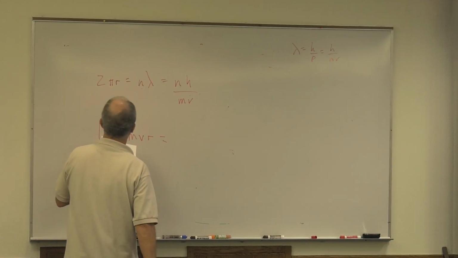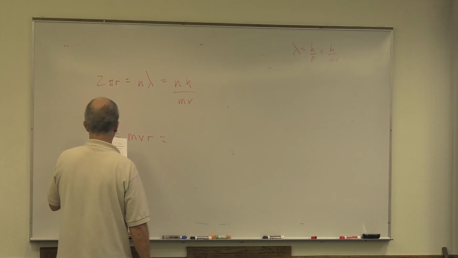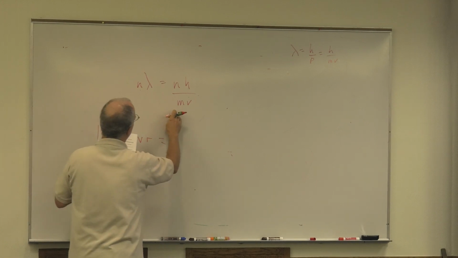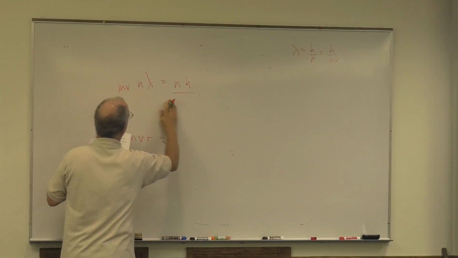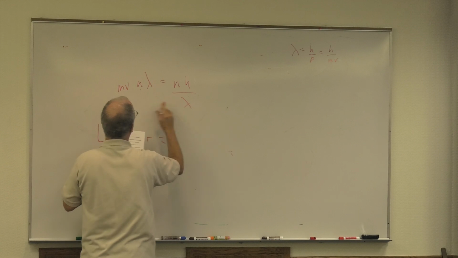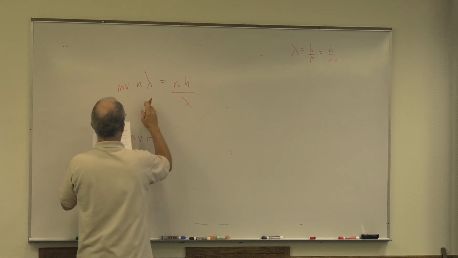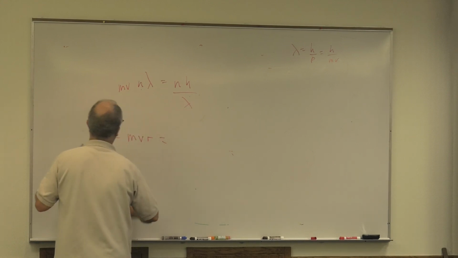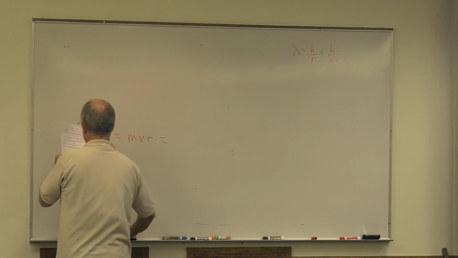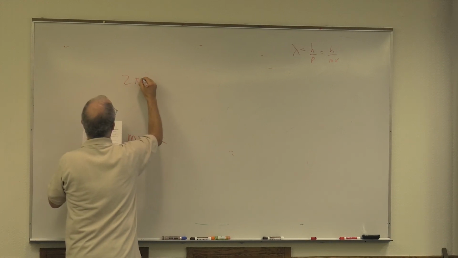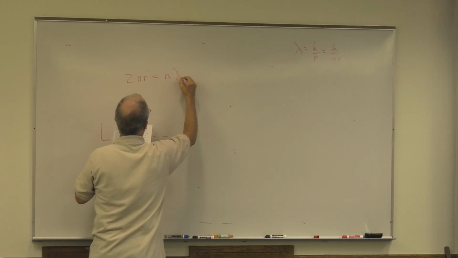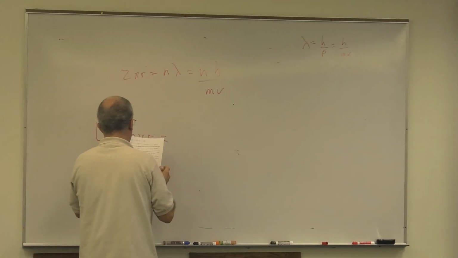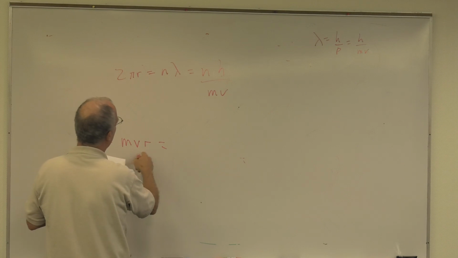Sorry, I made a mistake, let's do that again. So 2 pi r equals n lambda, that equals n h over mv. So therefore, L equals mvr.